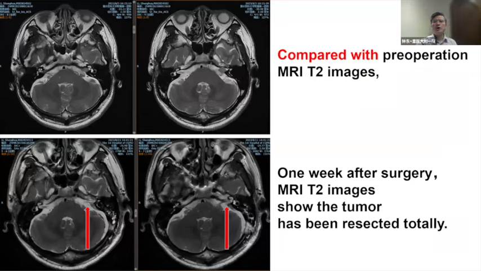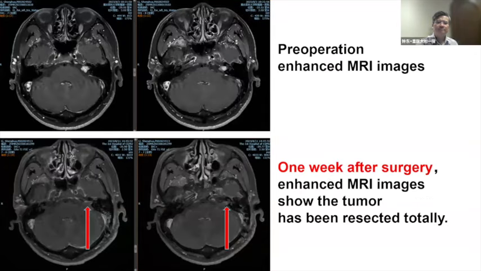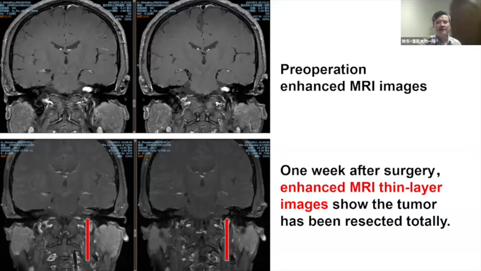Compare with pre-operation MRI T2 image, 1 week after surgery, MRI T2 image shows the tumor has been resected totally. 1 week after surgery, enhanced MRI image and thin layer image show the tumor has been resected totally.